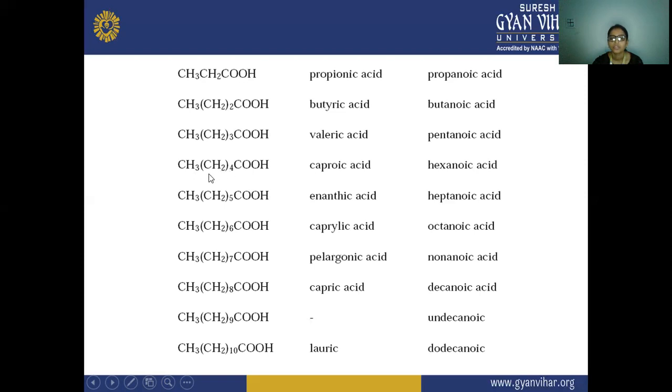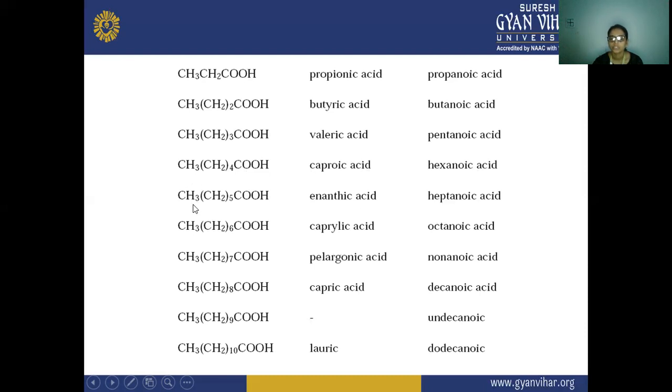So here this is C3 CH2 CH2 CH2 CH2. So 5 carbons are there, 5 to the 10 and 1 is 11. So here 11 hydrogens are there and one COOH group is present, and its name is caproic acid, and it is hexanoic acid.